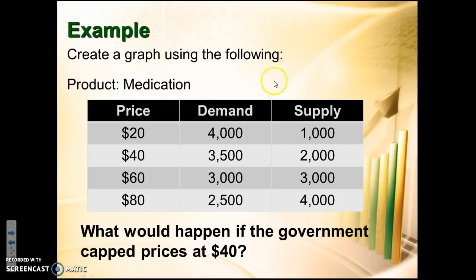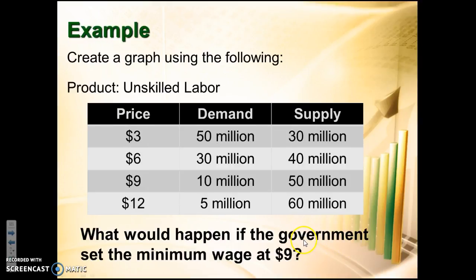You need to practice graphing this out yourself and see if you can figure out how I got that 1,500. Here's one more. This is a graph for labor. Usually unskilled labor are the ones who get paid minimum wage.